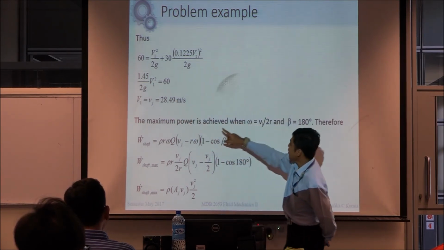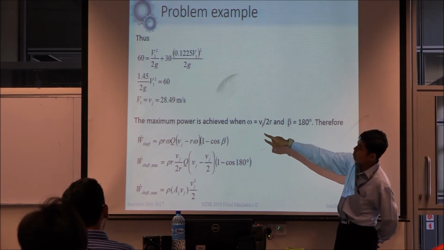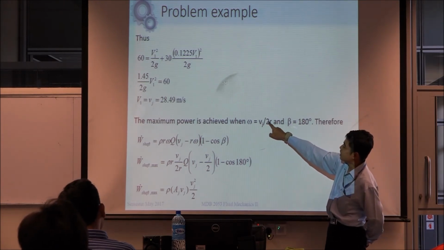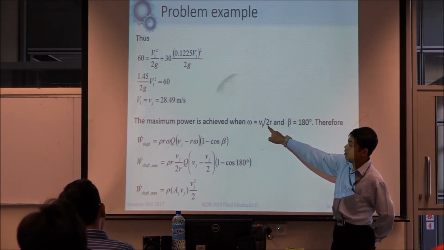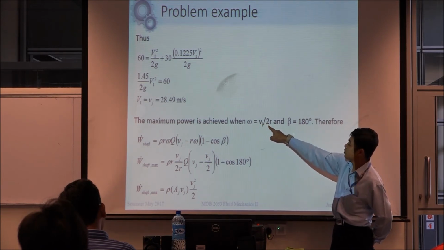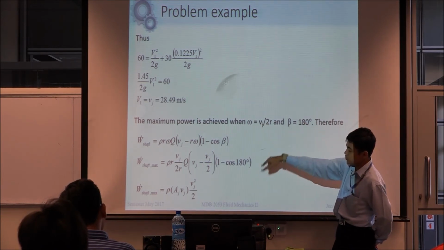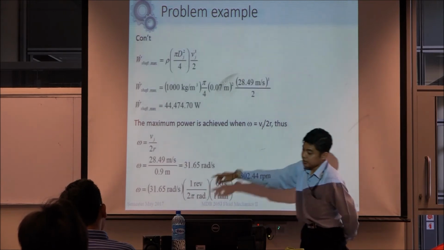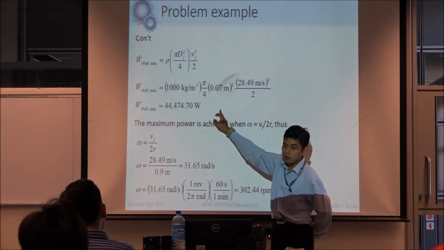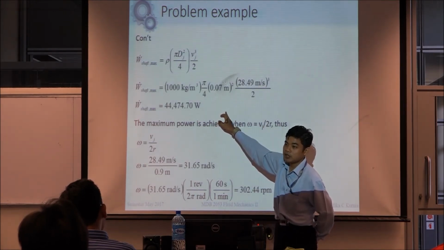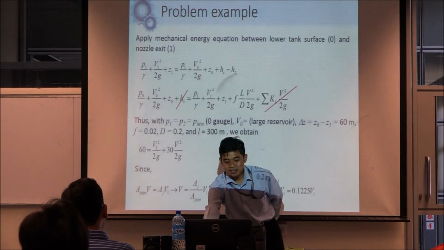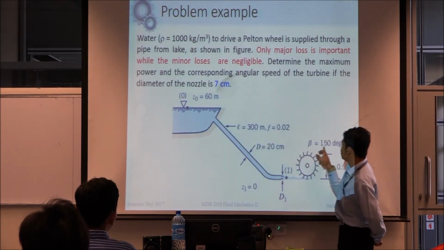Once you get your V jet, you see the maximum power is achieved when omega is equal to V jet over 2R and beta is 180. So you plug in everything, then you get this is the maximum power. What is the actual power? For the actual power, you need to change the beta.